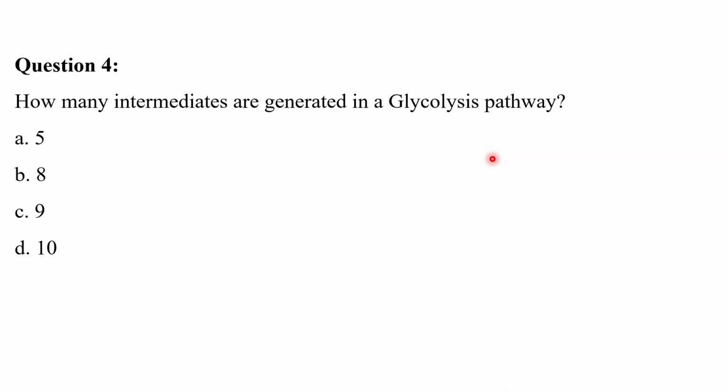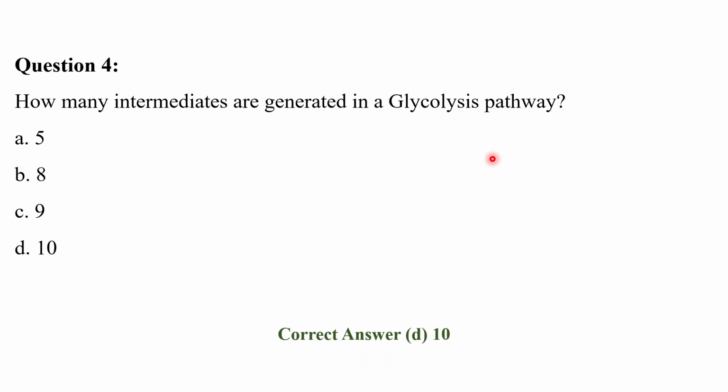Okay, but between this glucose and pyruvate there are certain intermediates that are generated. So we have to tell the number of intermediates that are generated in the glycolysis pathway. Okay, so the correct answer for this question is option D, 10. Okay, so there are total 10 intermediates that are generated in the glycolysis pathway.